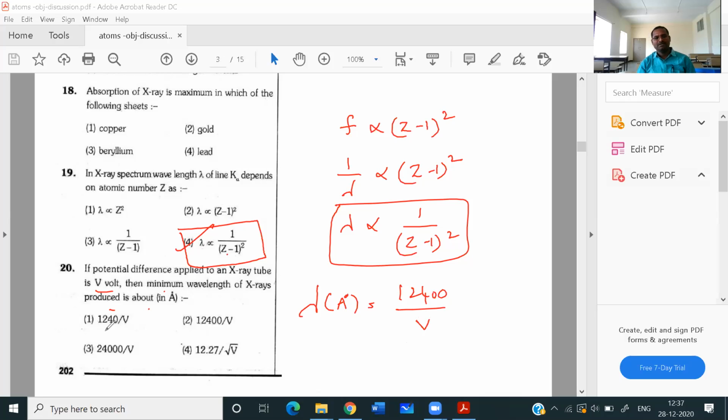Because these are not electrons, these are X-rays, option 4 is the right answer. 12.27 by root V is only for electrons. So 12,400 by V we can say, because here they have given angstrom. If they give nanometers here, it will be 1240. Then that option will come. Clear? Option 2 is the right answer.